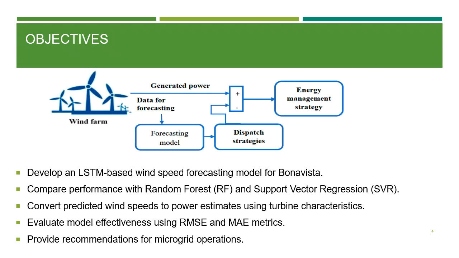The study had three core objectives. First, I aimed to develop a high-performing LSTM model trained on 1 year of meteorological data from Bonavista. Second, I compared this model's performance against random forest and support vector regression, which later on I'll refer to as SVR, to assess suitability.